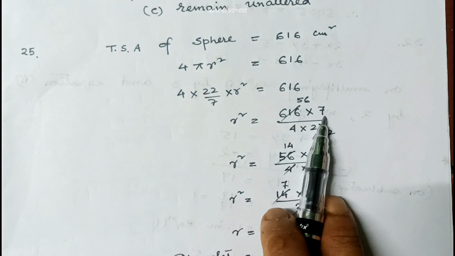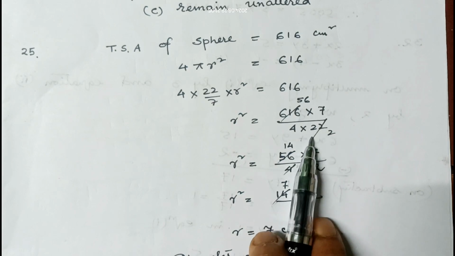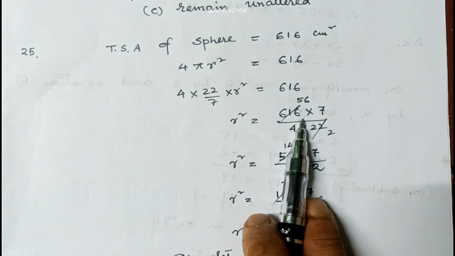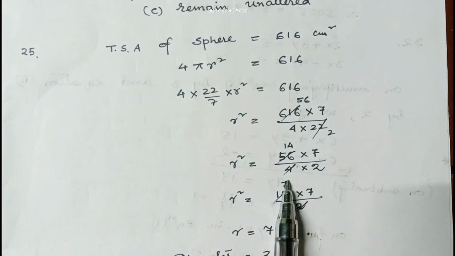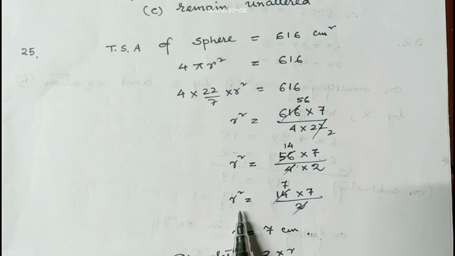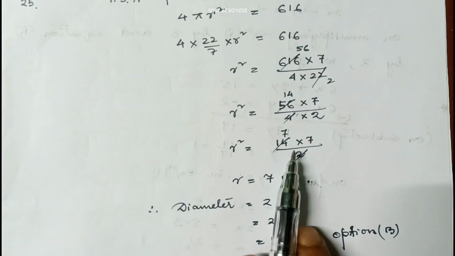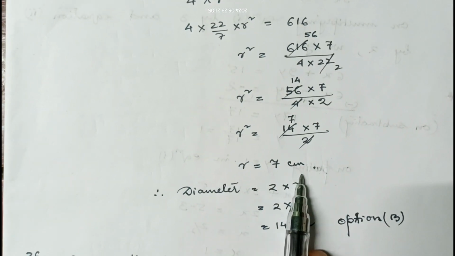This 7 will go in the numerator, 4 and 22 will be in the denominator. Now 11 twos are 22, 11 fifty-sixes are 616. So r square will be 56 into 7 divided by 4 into 2. Again 4 fourteens are 56. So r square will be 14 into 7 by 2. 2 sevens are 14. So r square is 7 square. So r will be 7 centimeter.